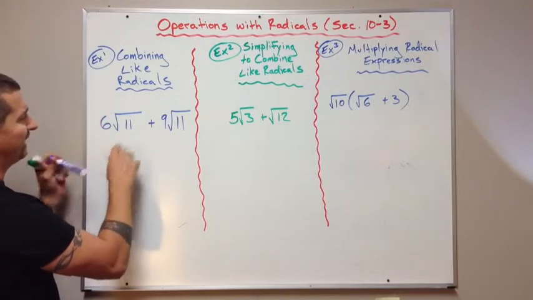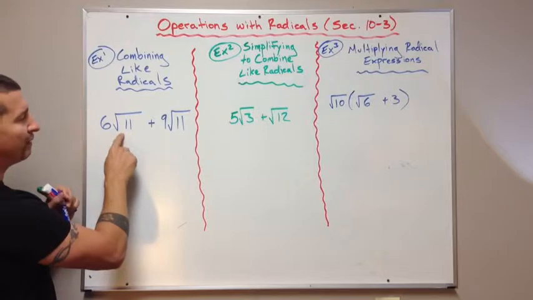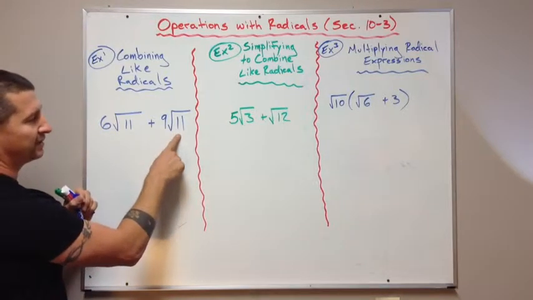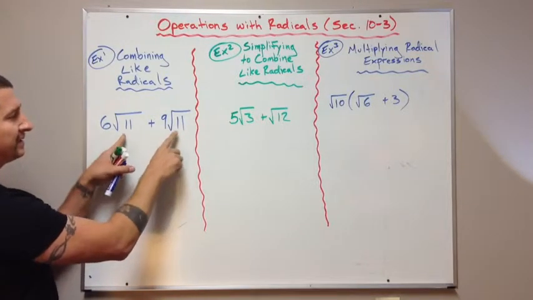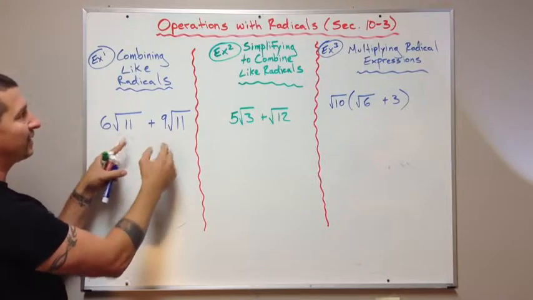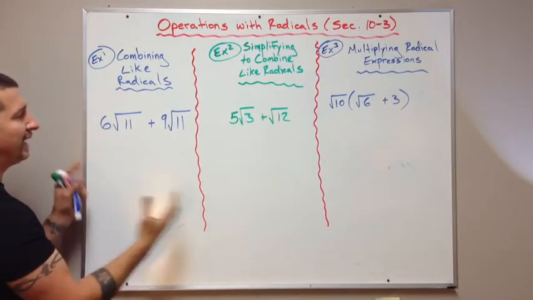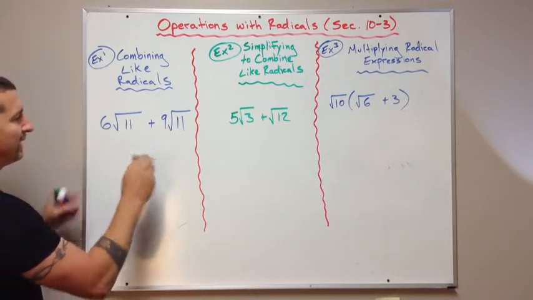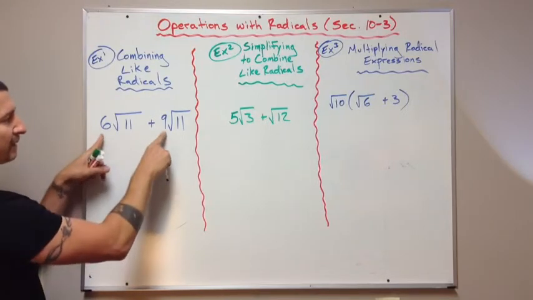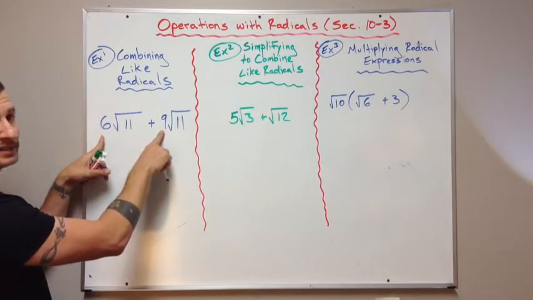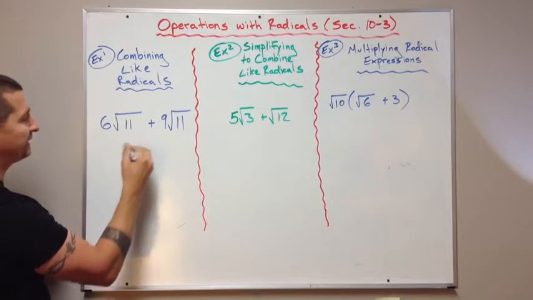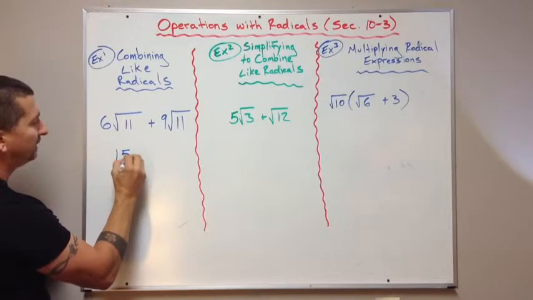In this case, we have 6 times the square root of 11 plus 9 times the square root of 11. Now, since they both have the square root of 11, these are like radicals, meaning you can combine them. But watch what happens. We add our coefficients. You can think of these as coefficients. 6 plus 9, which is 15.